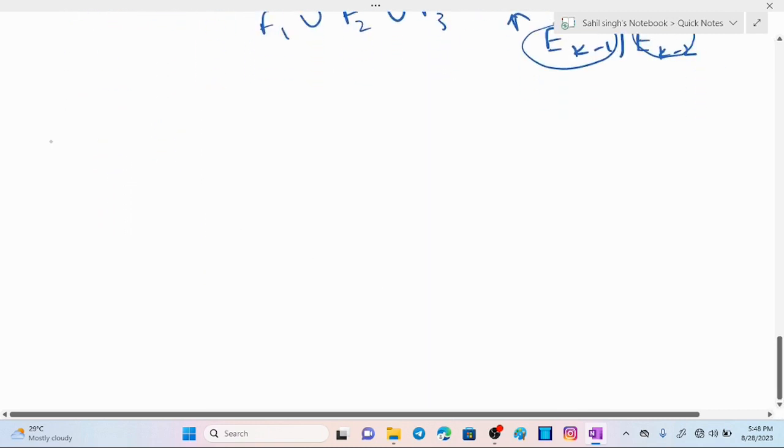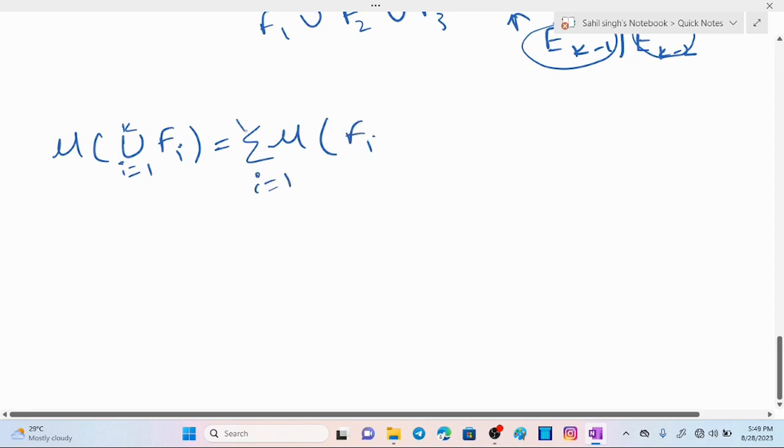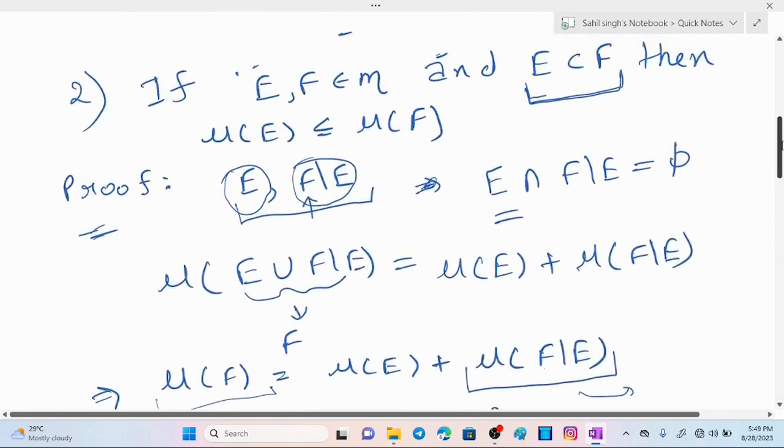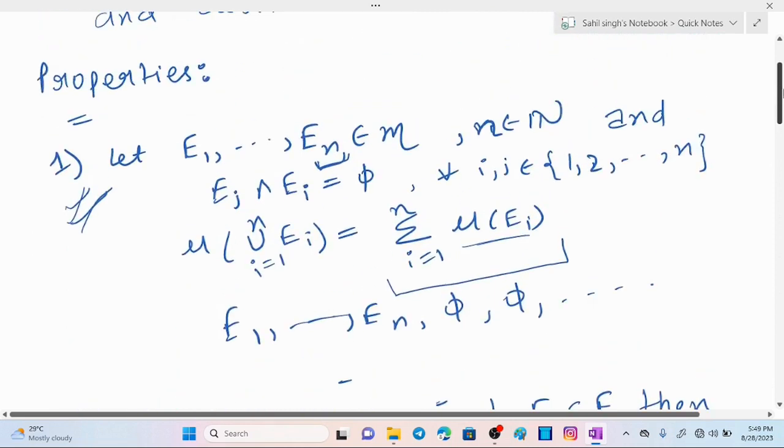Okay, so we can write mu of union of fi, i running from 1 to k, equal to sigma mu of fi, i running from 1 to k. Why can we write this? We can write this using property number 1, right? If we have a finite number of disjoint sets, then we can write it as this thing.